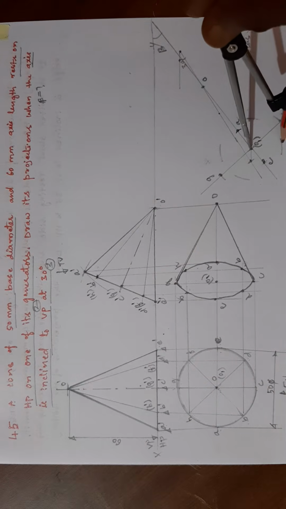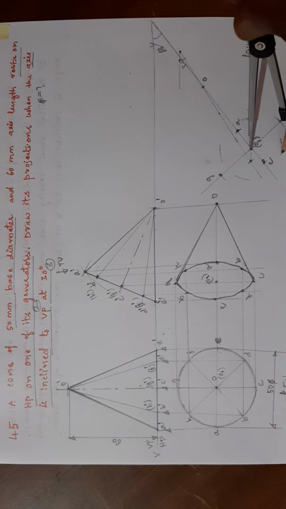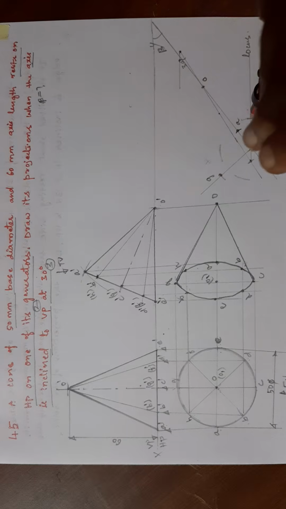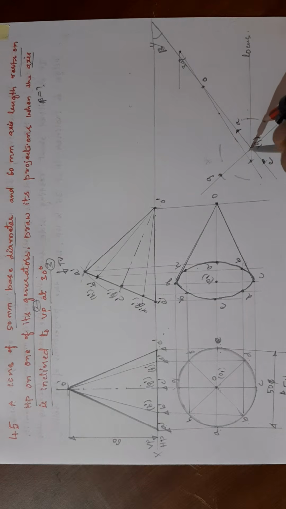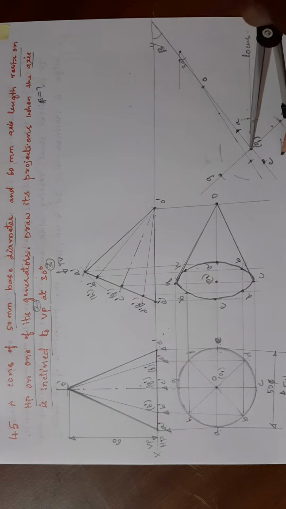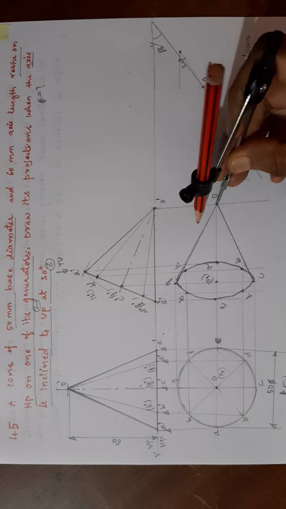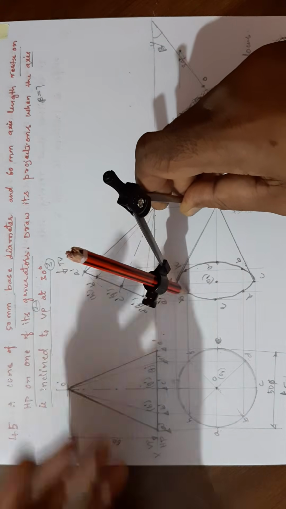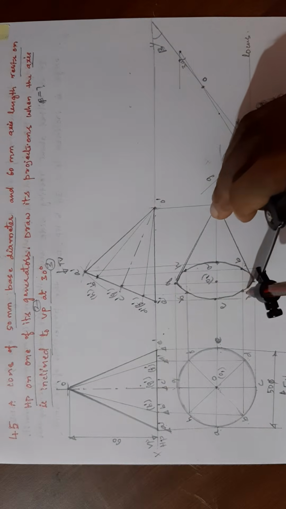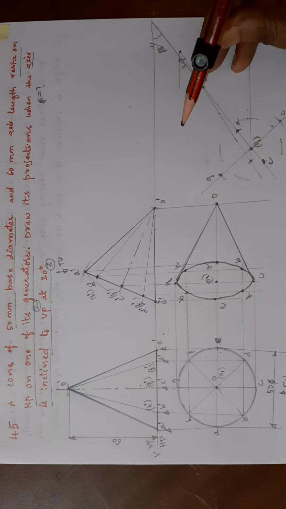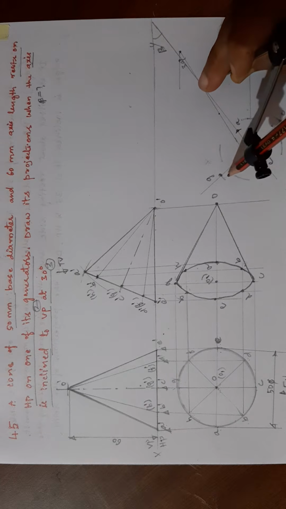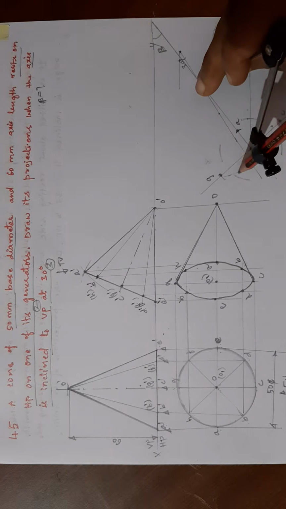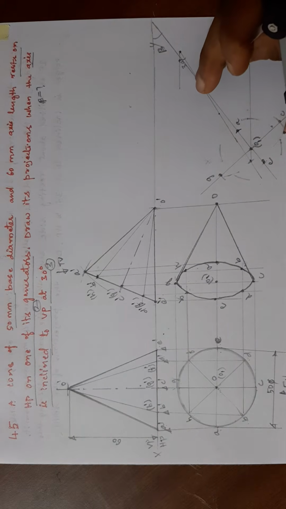Now on both sides here. Then O1F is also equal to O1D. So with O1F, cut these two arcs.